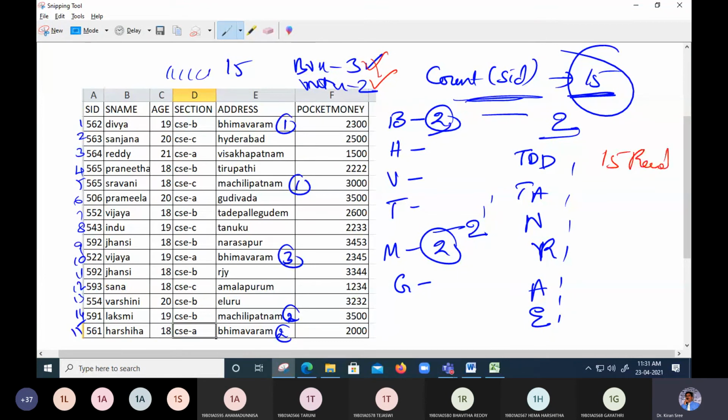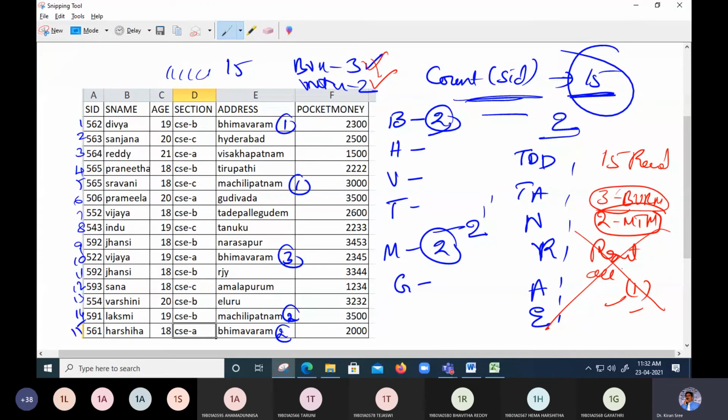Of these, 3 records are living in Bhimavaram, 2 records are living in Machilipatnam, and the rest are living outside. Now we don't want the rest. We need only the records which are 3 and 2.